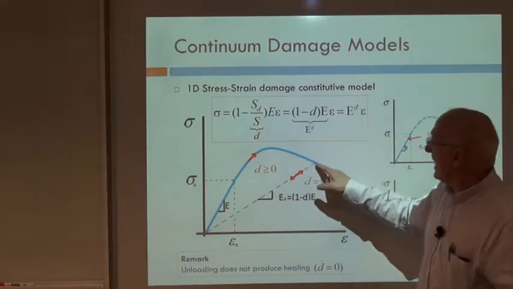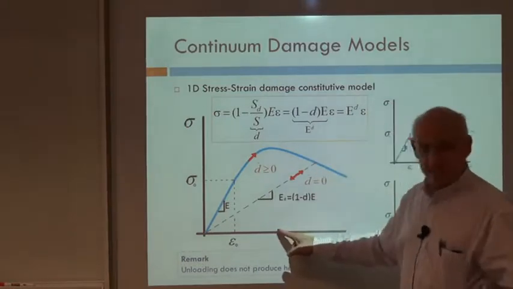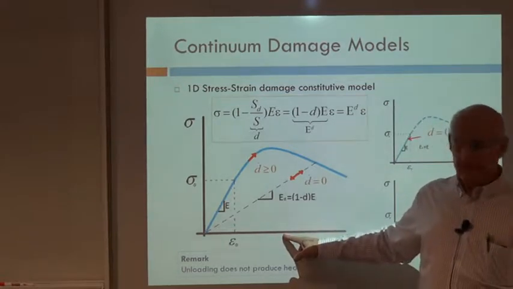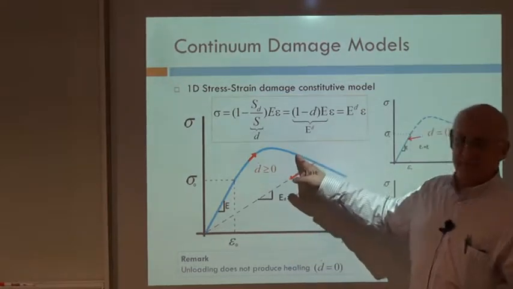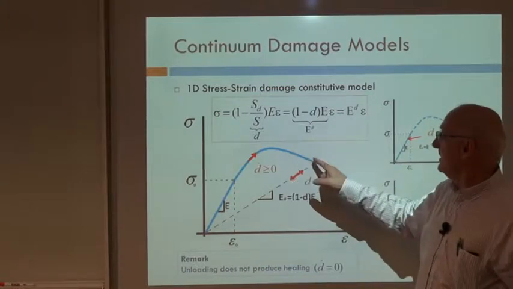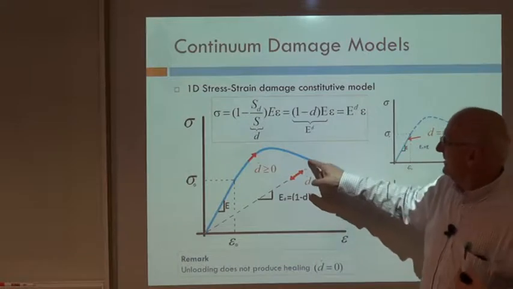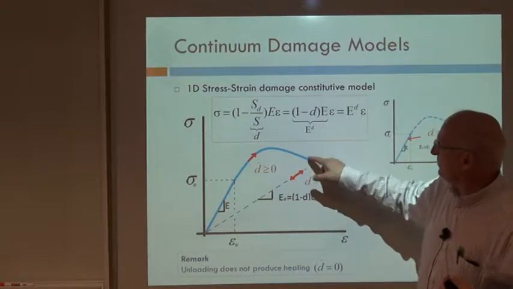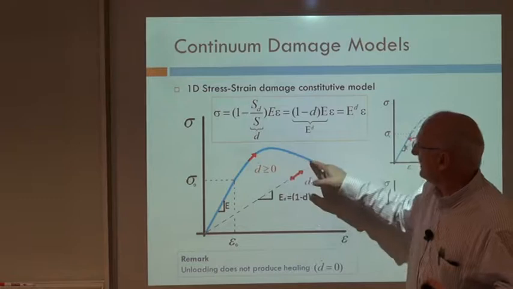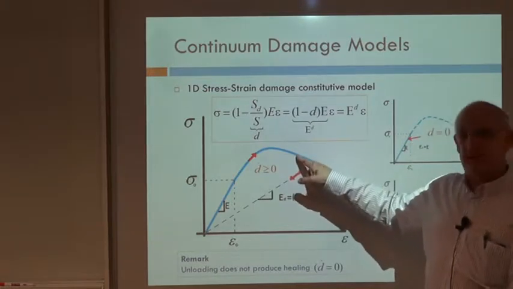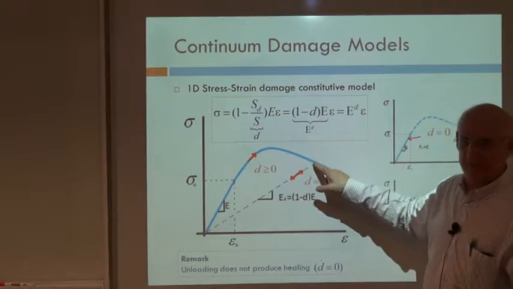But imagine that at a certain point I decide to release the strains, the stretch. So once I'm here, I want to release the strains. Shall the material go this way? What would happen if the unloading process in terms of the strains, its stress counterpart, is such that we return by the same way that we have arrived to this point?